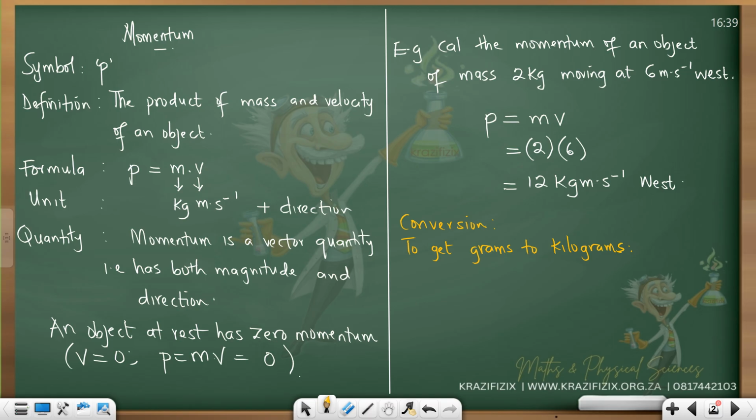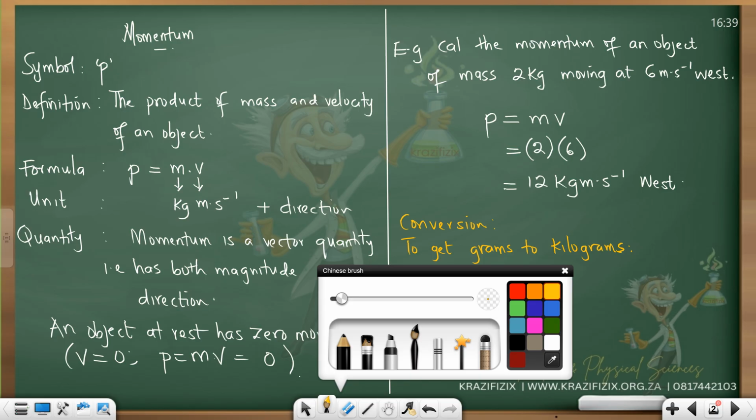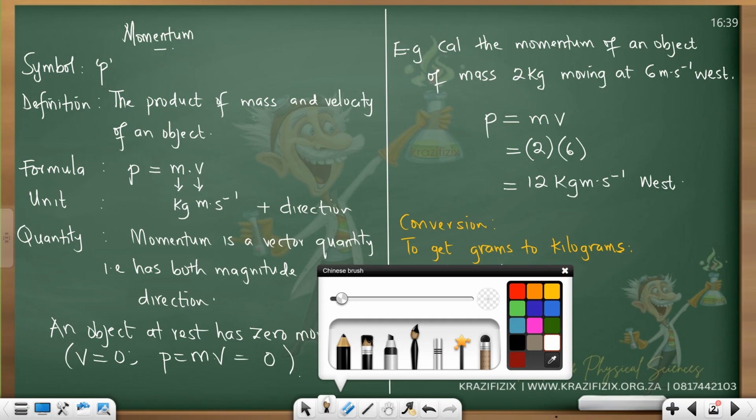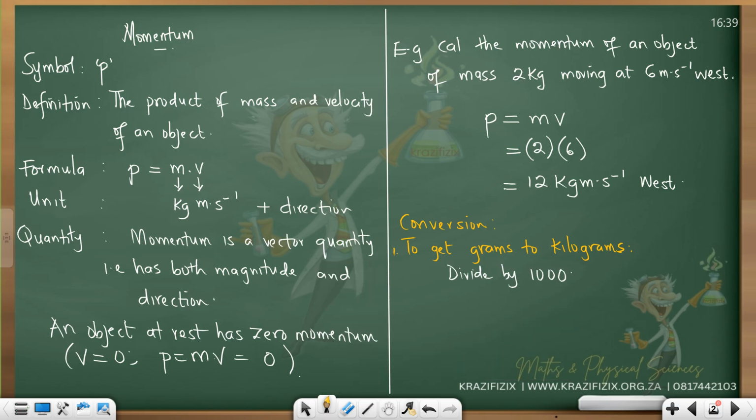We divide by what? 1,000. So please take note of that information. Divide by 1,000. That is our first one.